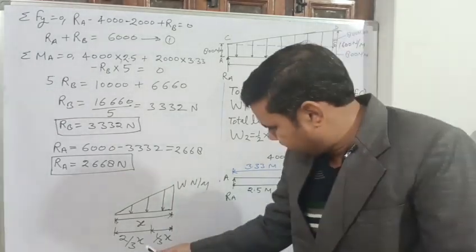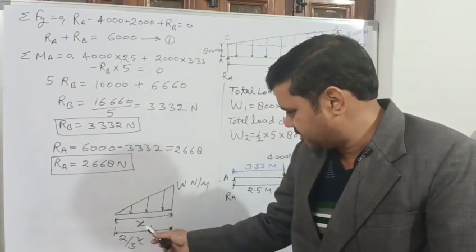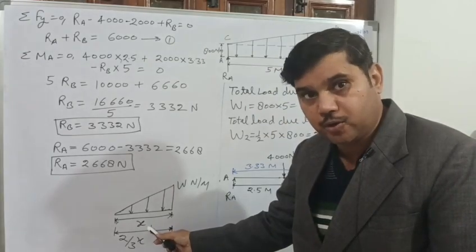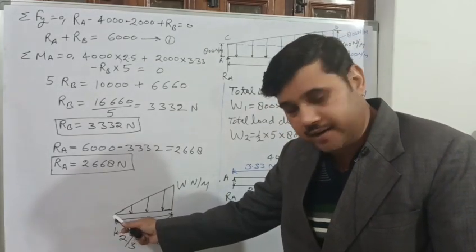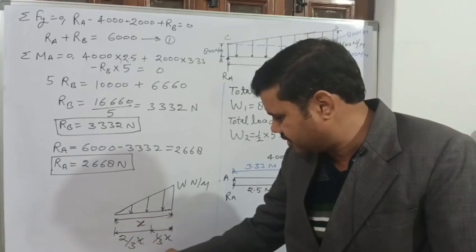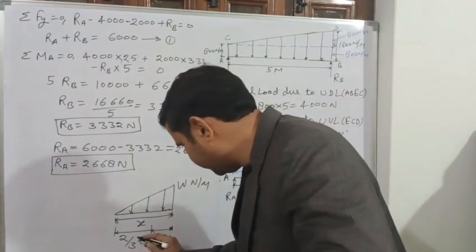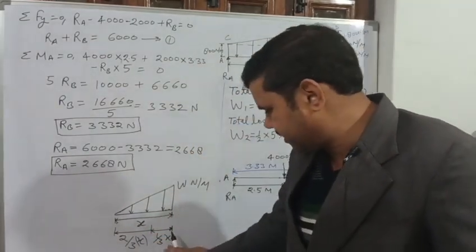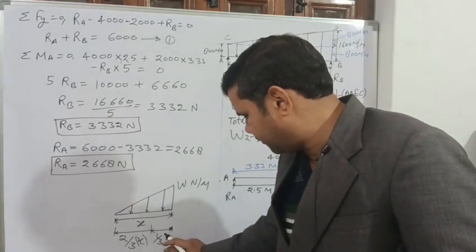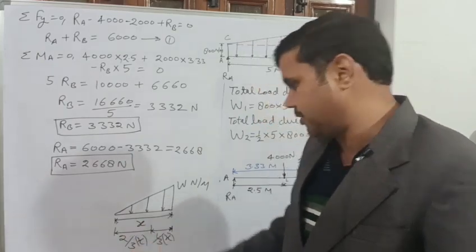Now as discussed here, if this is UVL and this distance is x, meaning the length of distribution is x, then from the zero intensity end it will act at 2/3 of x, and from the maximum intensity end this is 1/3 of x, where x is the length of distribution, right.